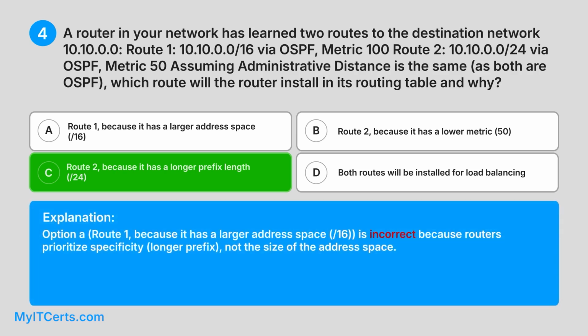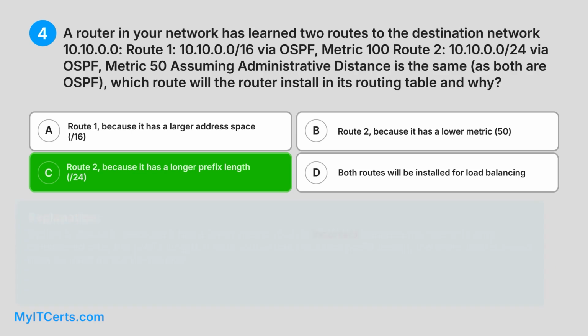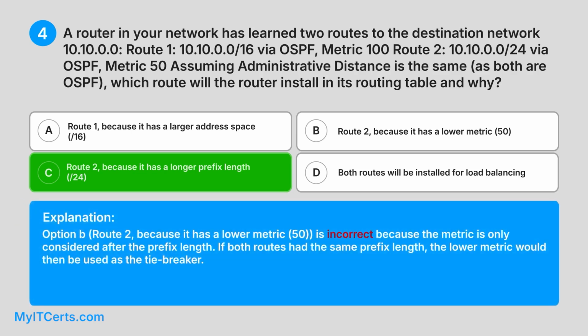Option A, Route 1, because it has a larger address space, /16, is incorrect because routers prioritize specificity, longer prefix, not the size of the address space. Option B, Route 2, because it has a lower metric, 50, is incorrect because the metric is only considered after the prefix length.